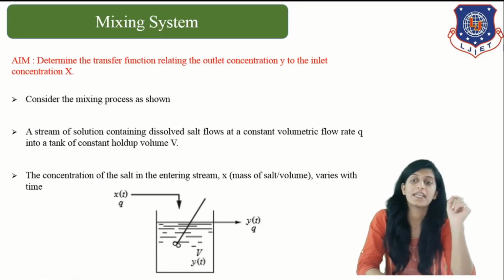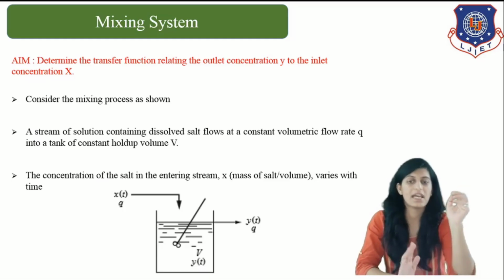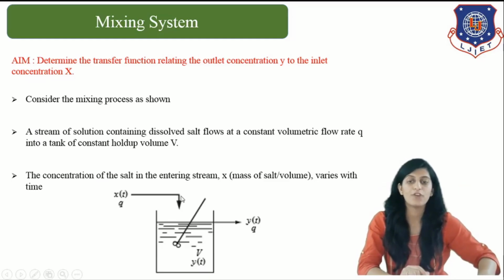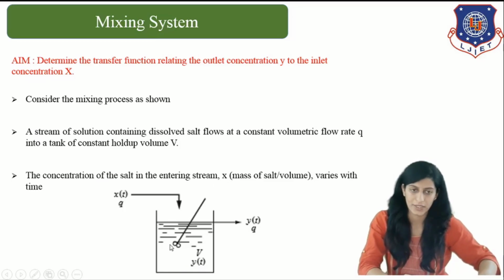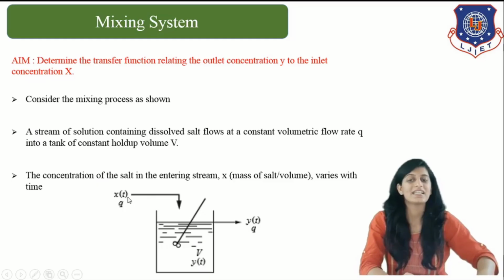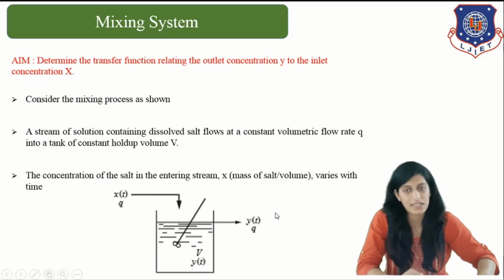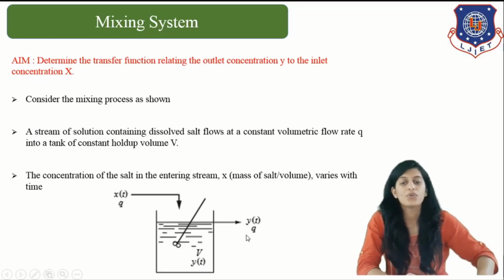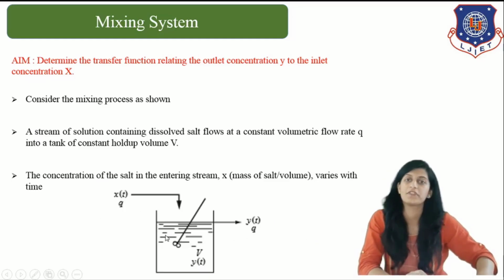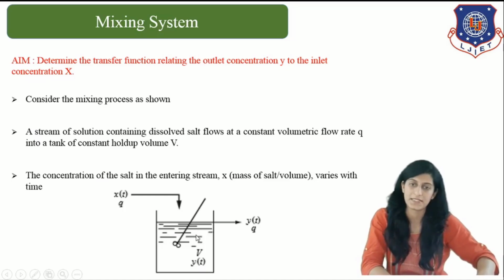We are considering here a mixing process. As you can see in this figure, there is a tank with a stirrer provided to it, right? X(t) is the inlet salt concentration, while Y(t) is the outlet salt concentration. Q remains the volumetric flow rate, which is constant throughout the process.